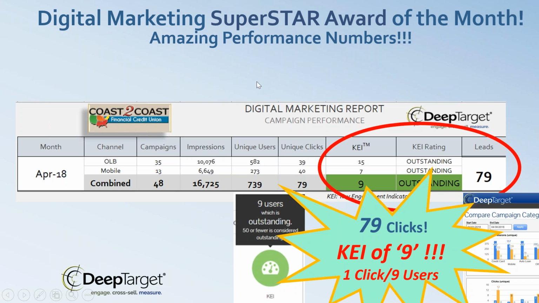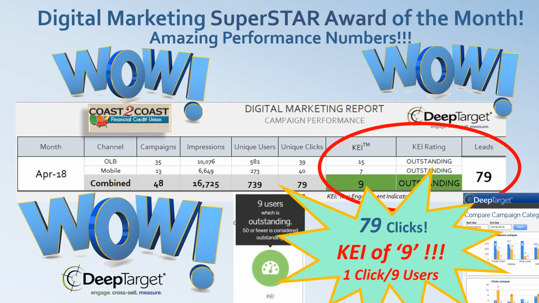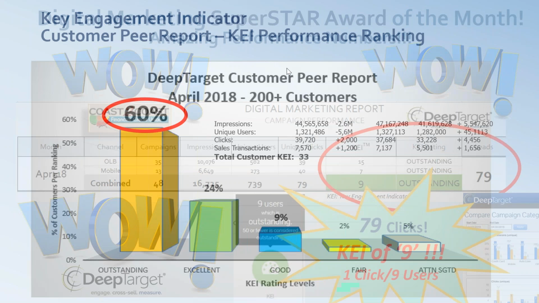They're not a huge customer of ours, but the results do not lie. 9 members to get a click on average. Overall, that's fantastic. So a big wow goes out to Richard and his team at Coast to Coast Financial Credit Union. Great job. We'll be in touch shortly and get plaques out to both of you.